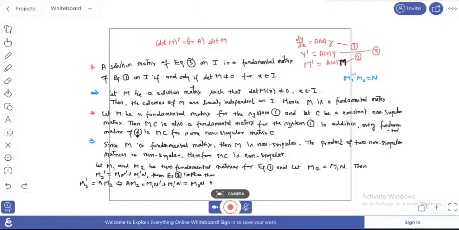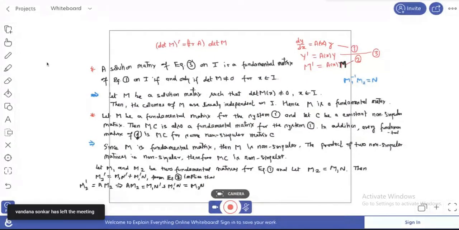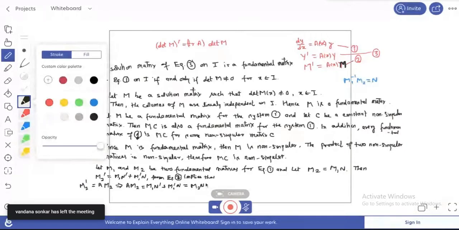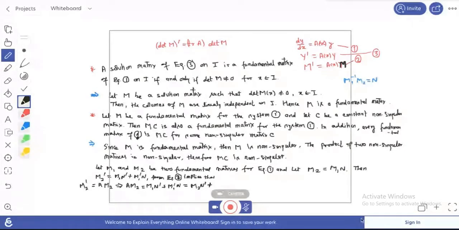So M1 N prime plus what is the value of M1 prime? M1 prime is AM1N.